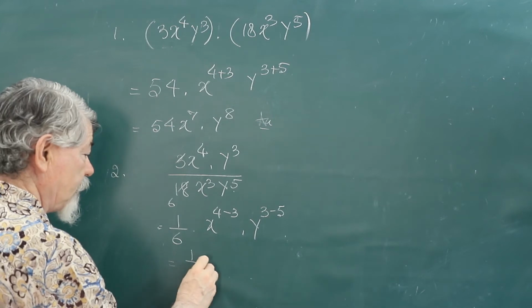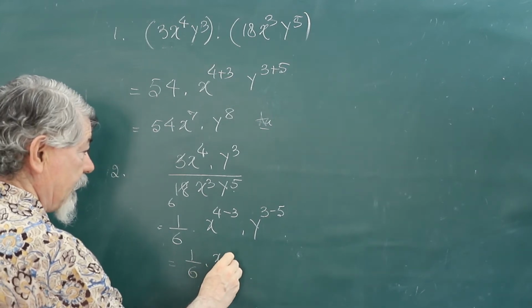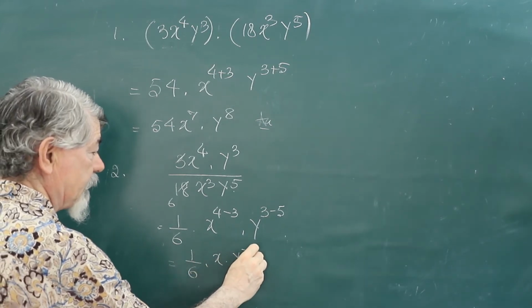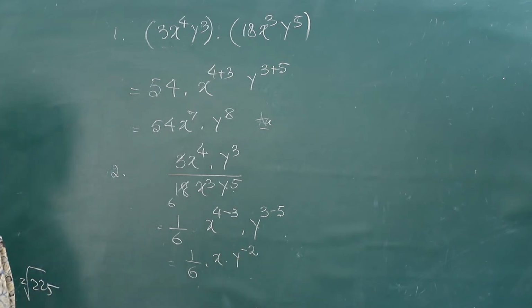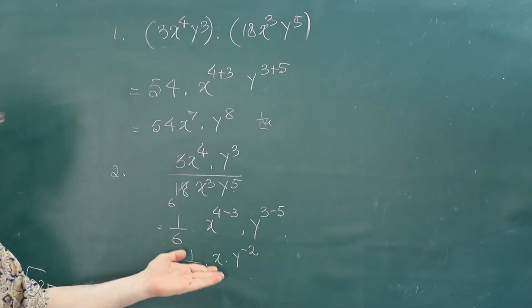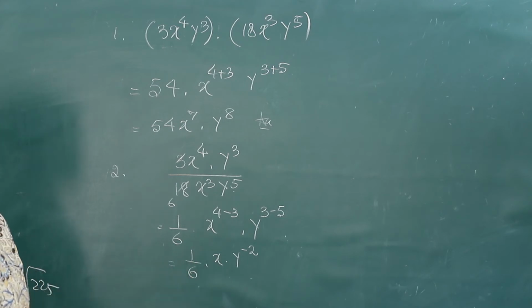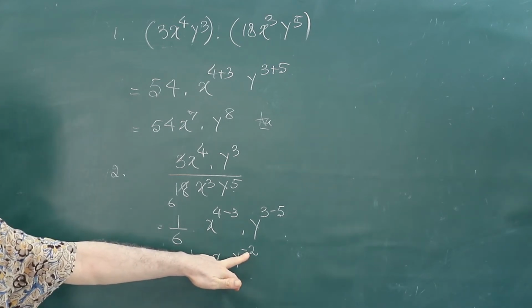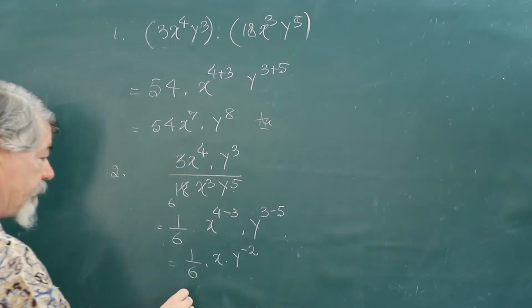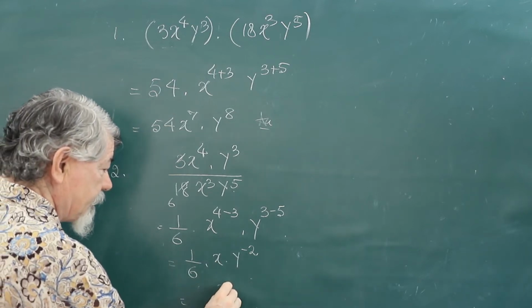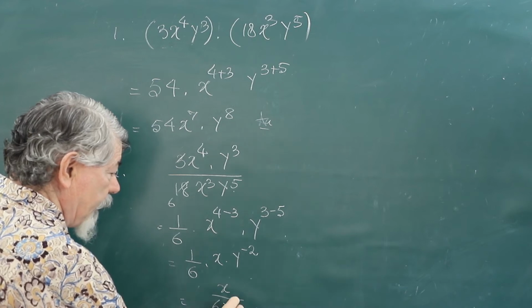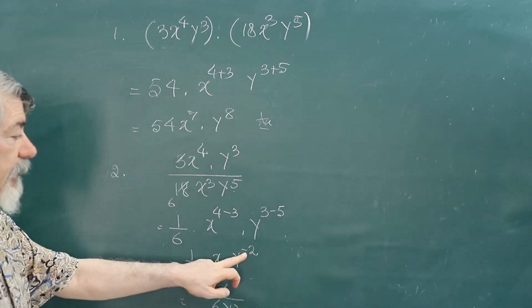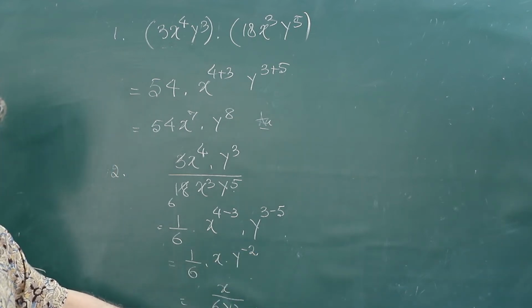So 1 upon 6 x to the power 4 minus 3 y to the power 3 minus 5. Now it is 1 upon 6 x and this is y to the power minus 2. The answer is generally left in the positive index. The power should always be positive. I can write it as x upon 6 y squared. You can bring y to the power minus 2 to the denominator.